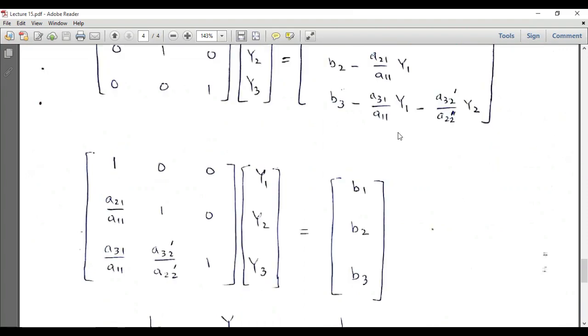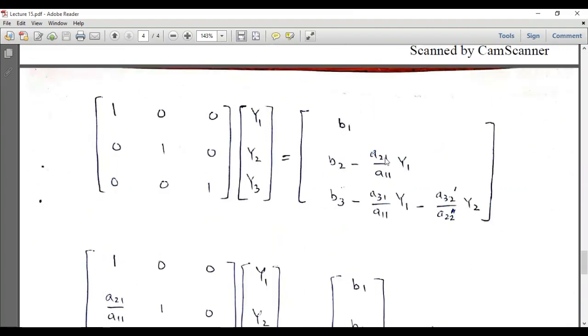And now this entry can be taken to the left hand side and it will become plus A21 over A11. And since this entry is multiplied with Y1, this entry will take the place of this 0, right? So A21 over A11 will be placed over here with a positive sign.